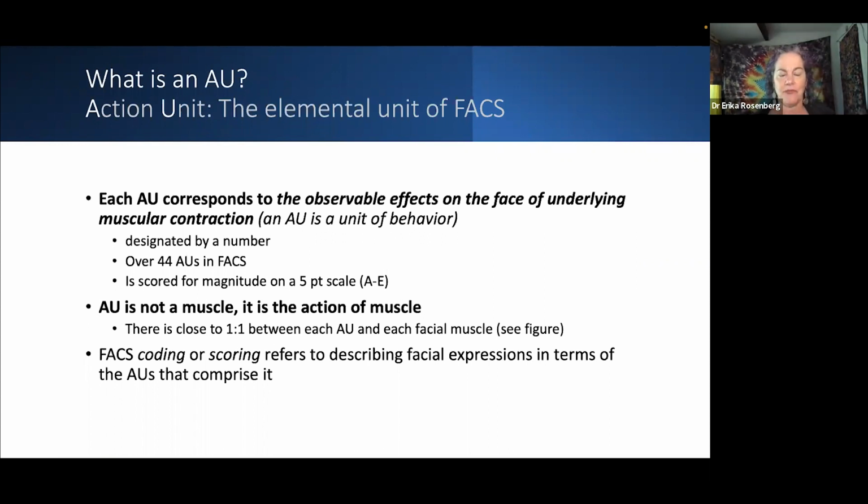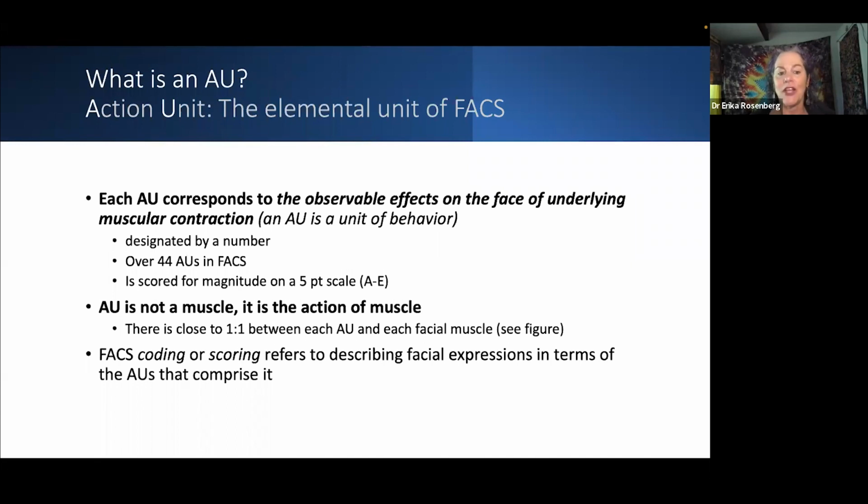unit of behavior. So if I contract this muscle right here, which is zygomaticus major, and it lifts my lip corners up, that's action unit 12. Now we recognize that as a smile, but that's action unit 12. And when action unit 12 occurs, there are a number of things that happen to my face. Not only do my lip corners go up, you see that my cheeks are lifted.